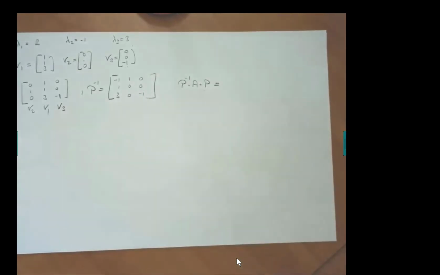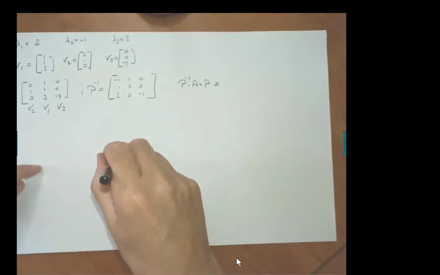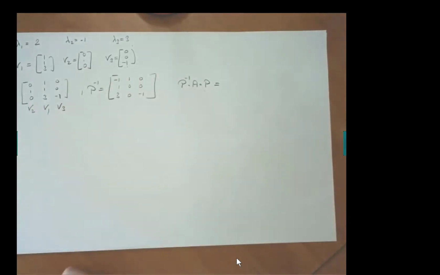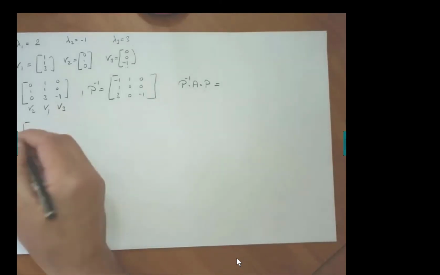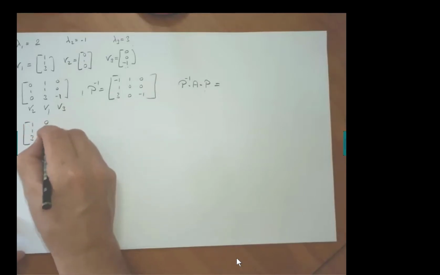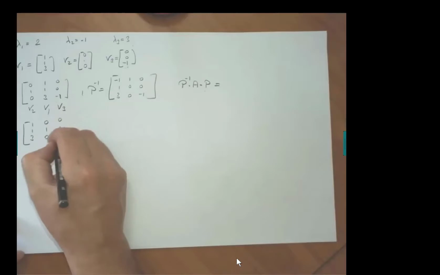What I like to do is give you 3 options. There's actually much more, because you can arrange 3 vectors in 3 factorial, 6 different ways. I just do 3 here. So another P would be 1, 1, 3, 0, 1, 0, 0, 0, -1.